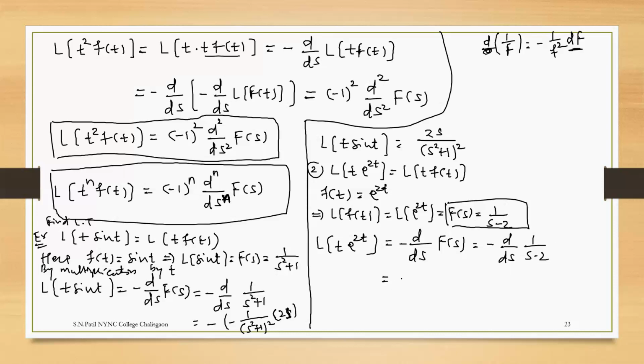Keep the minus sign as it is, minus 1 upon function square, and again the derivative of s minus 2 with respect to s is 1. So here minus minus plus, and we get the Laplace transform of t into e raised to 2t is equal to 1 upon (s minus 2) raised to 2. Okay, thank you.